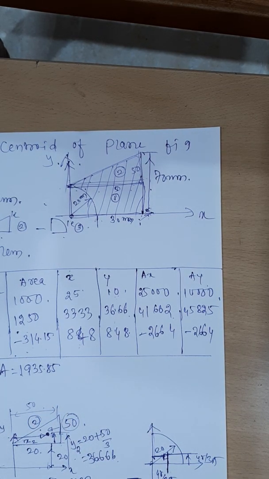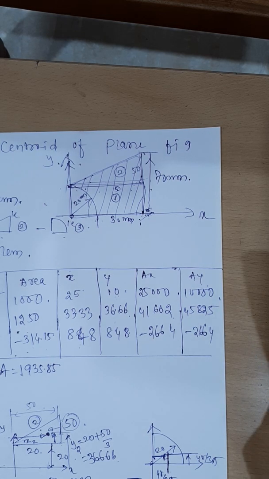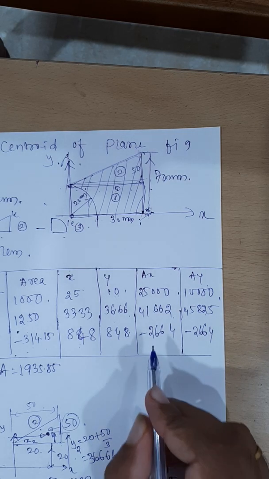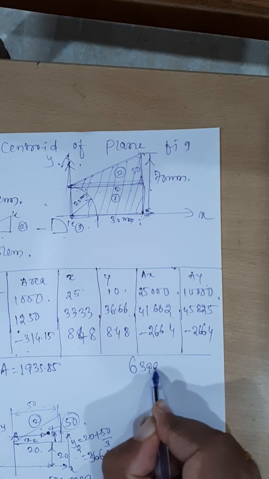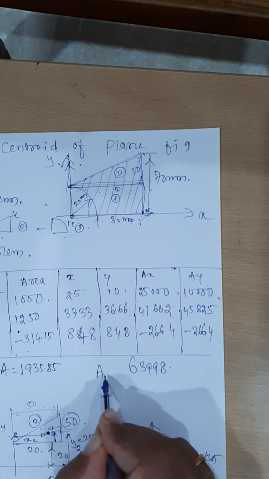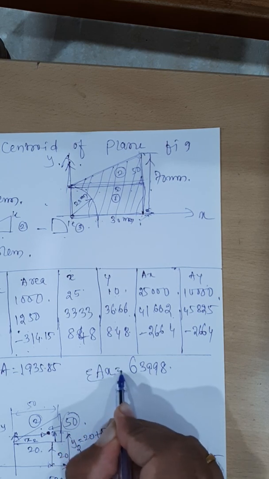Now the total of AX is 25000 plus 41666 minus 2664, which is equal to 63998. 63998. This is nothing but the total of AX.